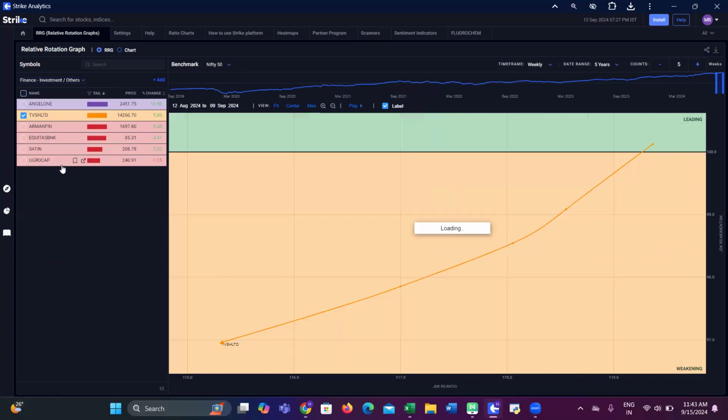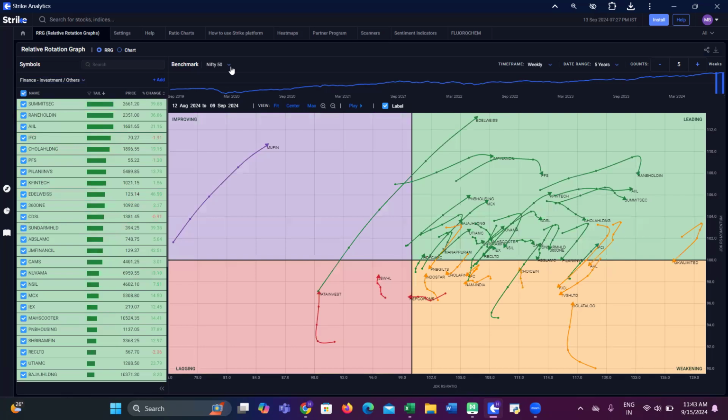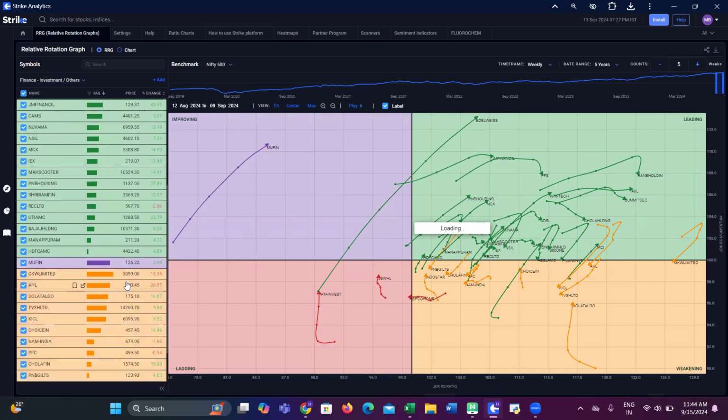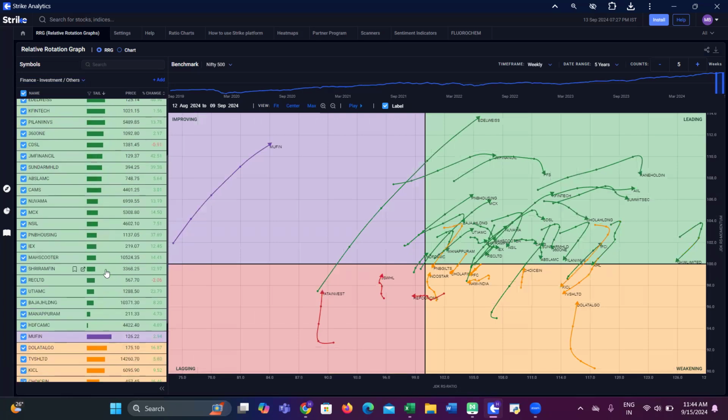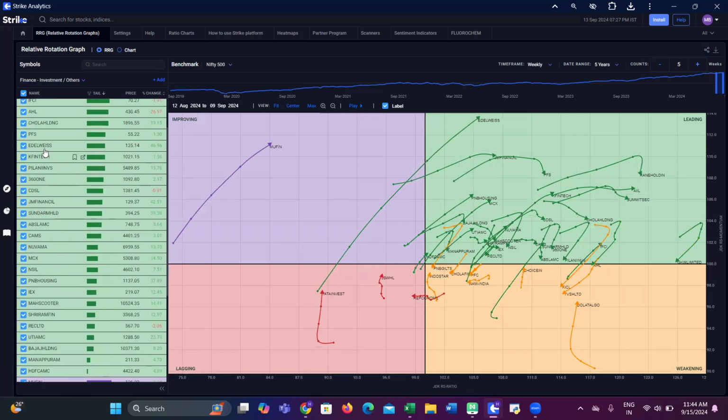Yeah, this is the one. So these are like wealth management companies here. Let me just wait for it. Nifty 500. Yeah, and look at this, Edelweiss.